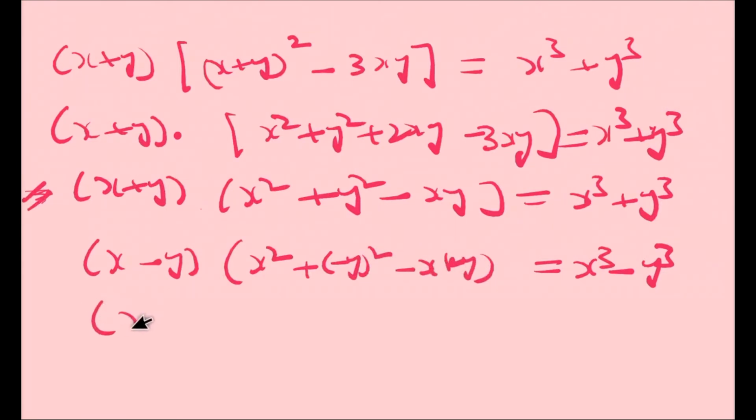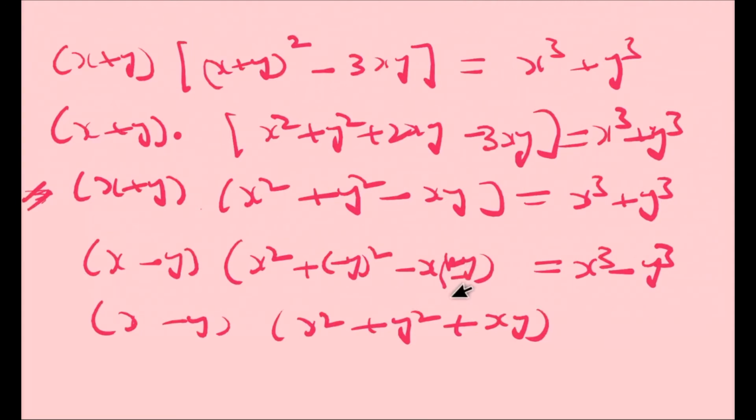So now the formula will be x minus y, x square, minus square is plus, therefore y square, plus minus into minus is plus xy. Using this, minus into minus plus, it equals x cube minus y cube. So this formula you have to learn. So this minus minus plus, you can choose this formula.